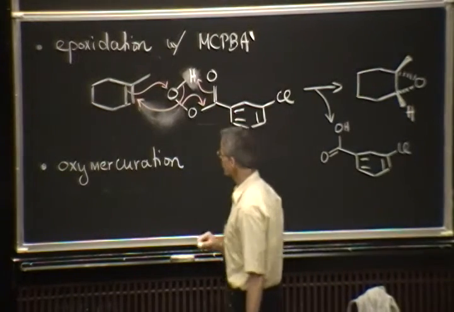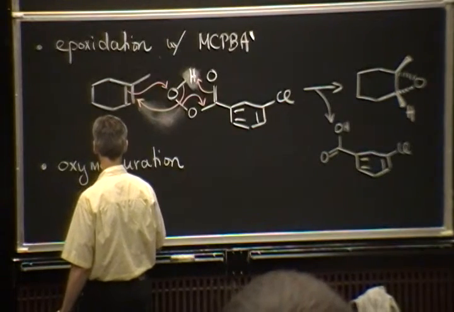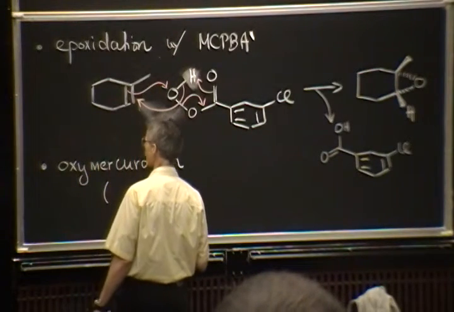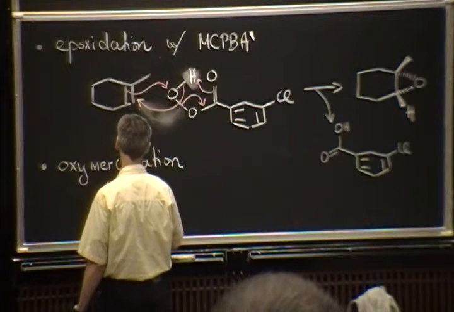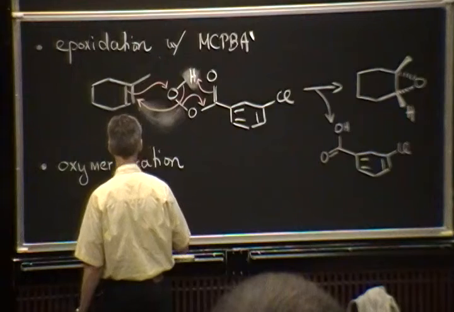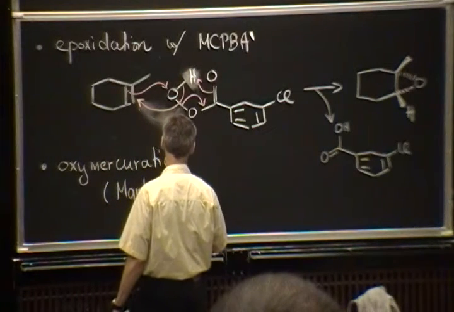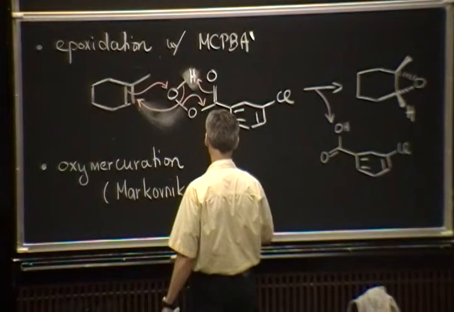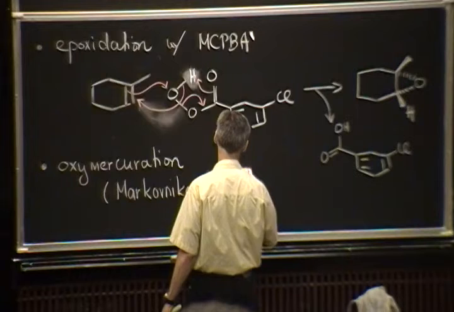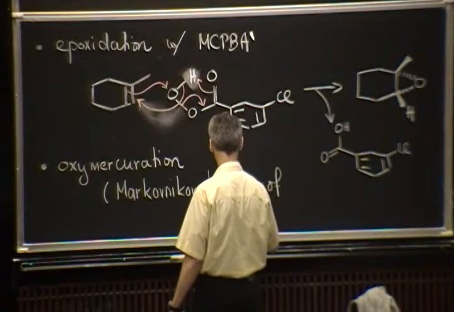And the oxymercuration reaction essentially allows you the Markovnikov addition of H2O onto an alkene, giving you an alcohol. So overall, this is a Markovnikov hydration of an alkene.